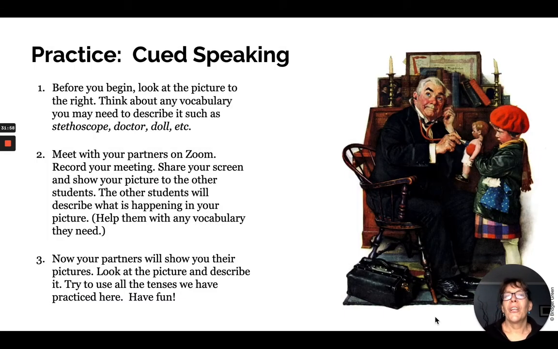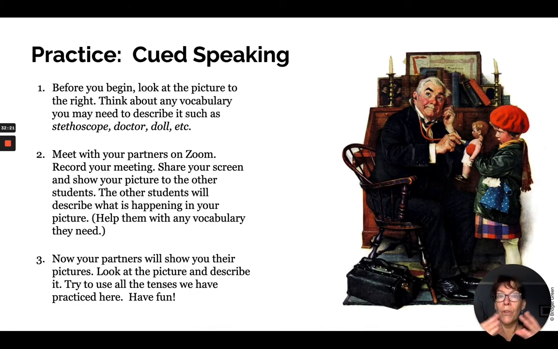This is your cued speaking practice. Before you begin, look at the picture to the right. Think about any vocabulary you may need to describe it, such as stethoscope, that's the thing around the doctor's neck, the doctor, a doll, maybe office, candlestick.